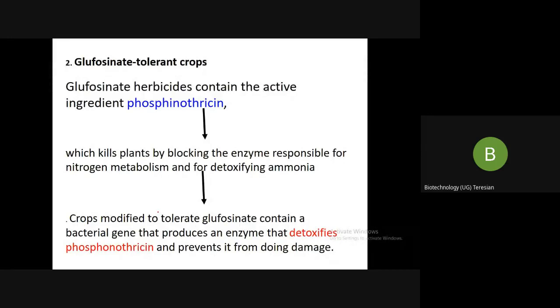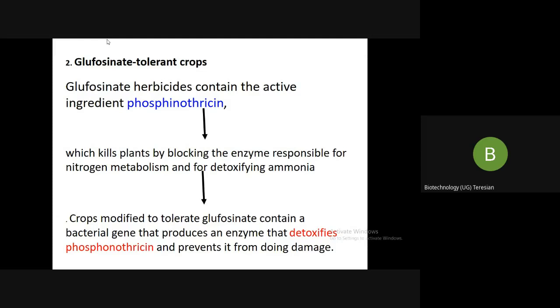Glufosinate tolerant crops. Even this is an herbicide. This glufosinate herbicide contains the active ingredient phosphinothricin. Okay, there what we saw was Roundup. What was the active ingredient in the Roundup? It was glyphosate. So this is another herbicide, glufosinate herbicide, that contains the active ingredient phosphinothricin. Even this herbicide kills all the plants.